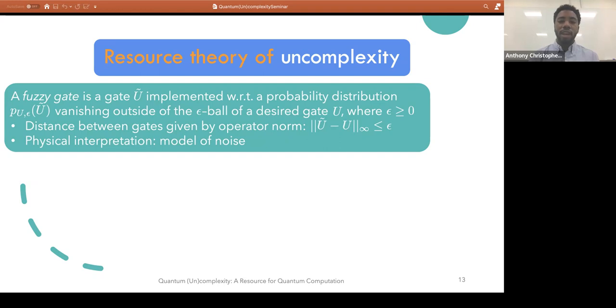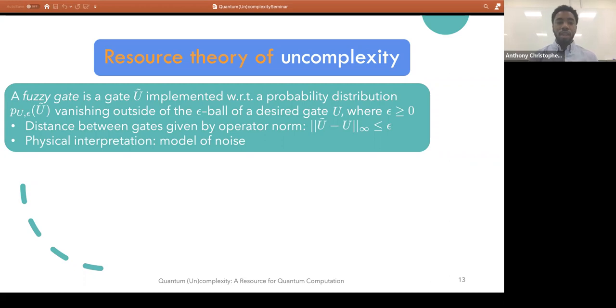If I have some desired gate U, then I will implement some gate U tilde with respect to some probability distribution that will vanish outside of an epsilon ball of that desired gate. Now, epsilon is some parameter which is greater than or equal to 0. In the case that epsilon is greater than 0, we assume that there is some open set containing the desired gate U that is supported by the probability distribution. So you can think of this as fuzziness around the desired gate U.